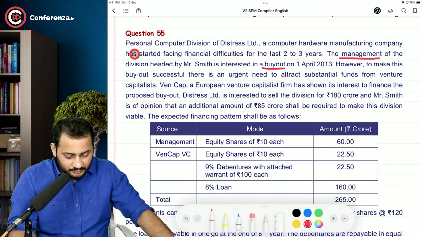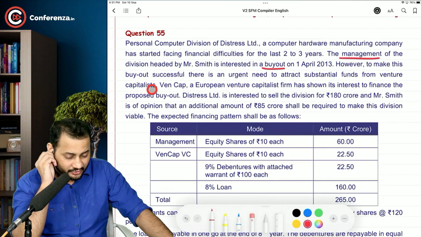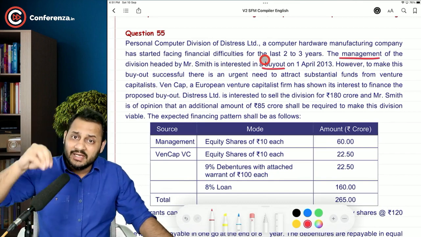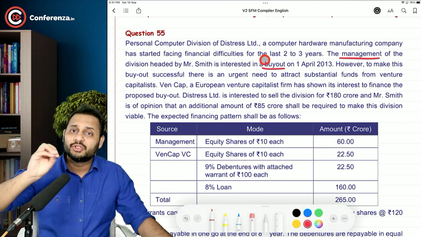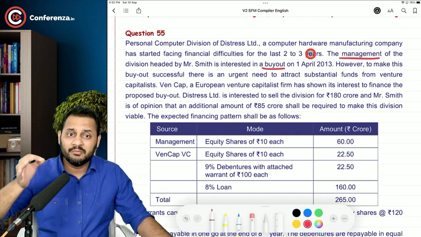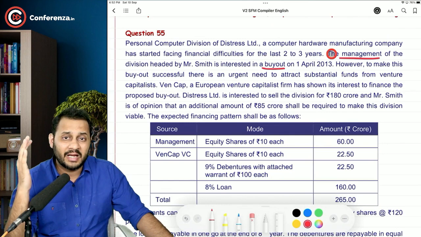However, to make this buyout successful, there is an urgent need to attract substantial funds from the venture capitalist. It's very easy, sir. Although the management believes in the company, which is not doing well, and wants to buy it, management might not have sufficient funds in their bank accounts.